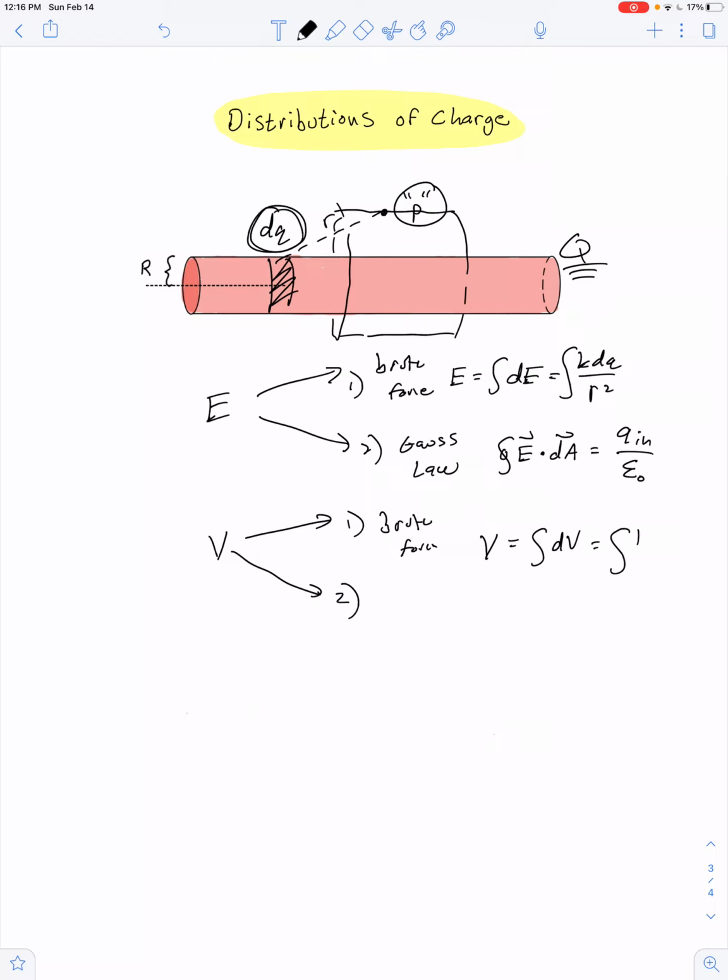And so it's just the integral of k dq over r. The second method comes from the fact that change in potential energy is always equal to negative the work done by a conservative force, and electric fields exert conservative forces. And then we also know that work is equal to the integral of F dot ds.